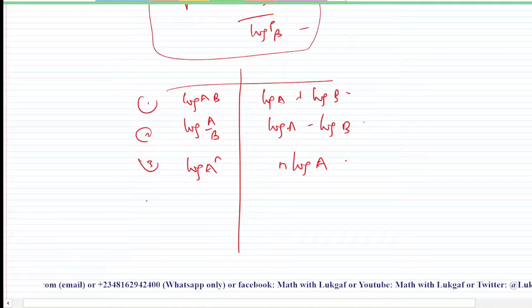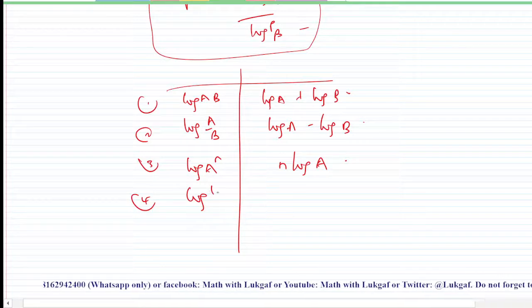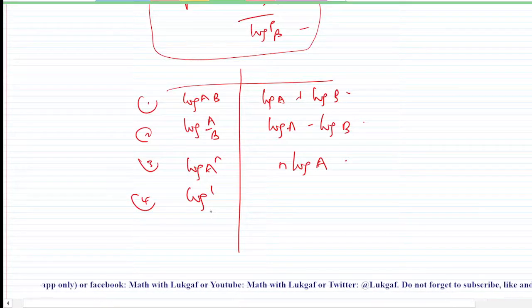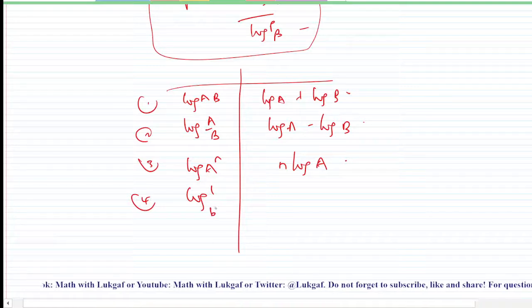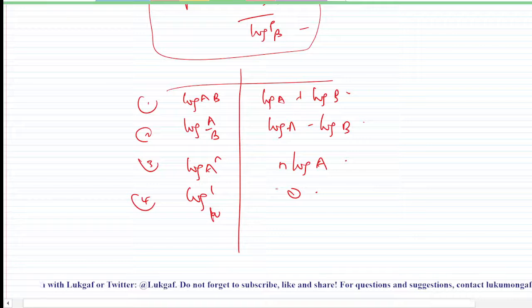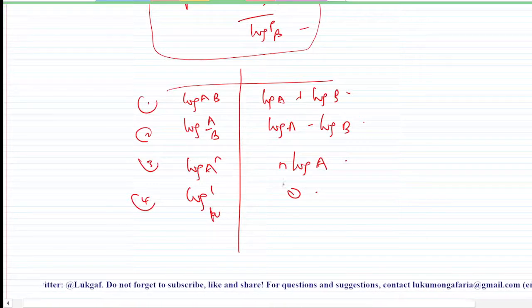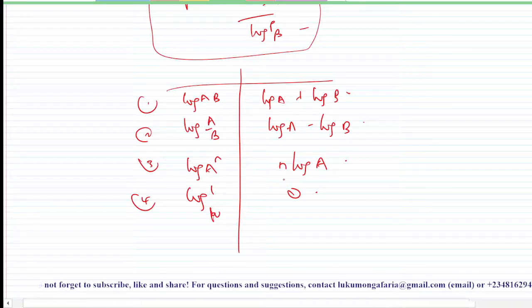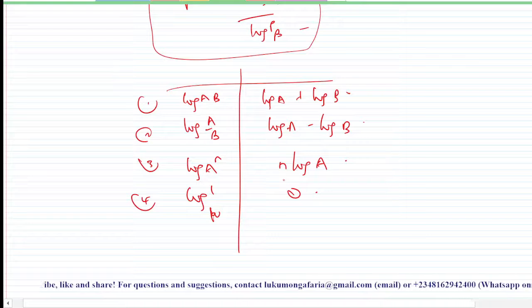And the fourth one is the logarithm of 1 to any base. When you have log 1 to base b or any base, let's say I'm working in base 10 here, it's going to give you 0. You can check that out using what I derived in the previous video.